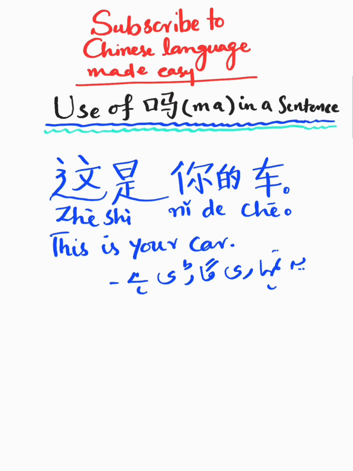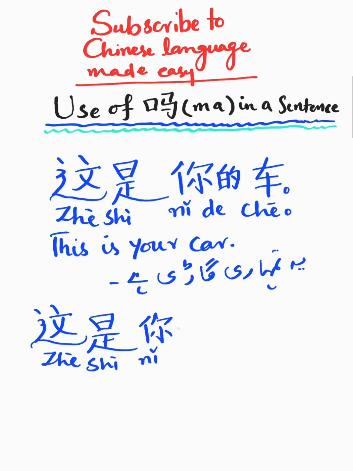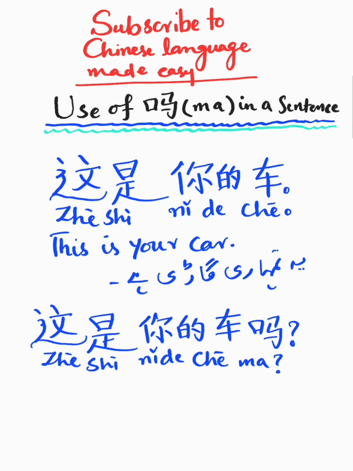Now we are going to use the ma auxiliary at the end of the Chinese sentence, and we are going to see how it makes a Chinese sentence interrogative. So we can write 这是你的车吗?